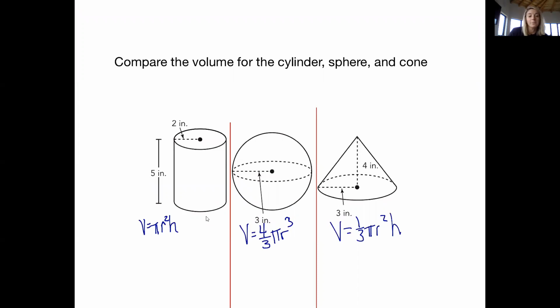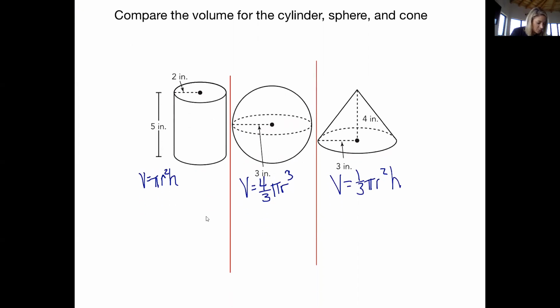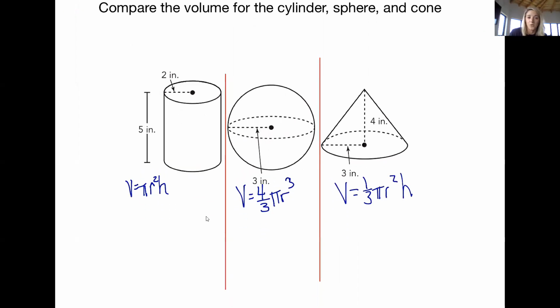So in this problem, we're being asked to compare the volume for the cylinder, sphere, and the cone. We're probably going to list these from what's the biggest to what's the smallest. And if you're just looking, it's hard to know which one's going to have the largest volume. So let's do some calculations. I already have my formulas for each underneath the appropriate figure.